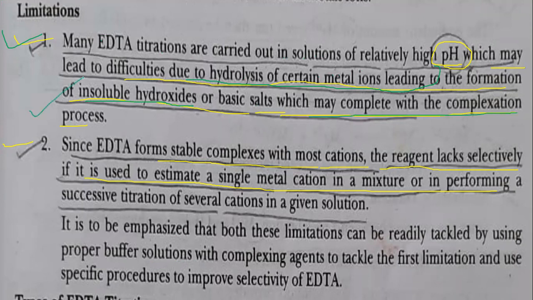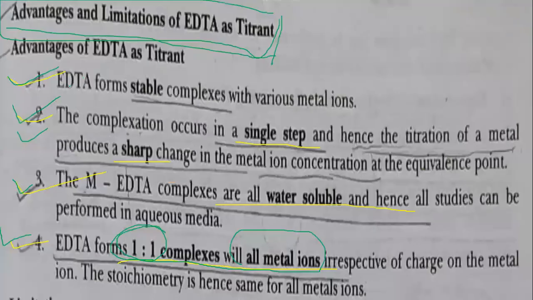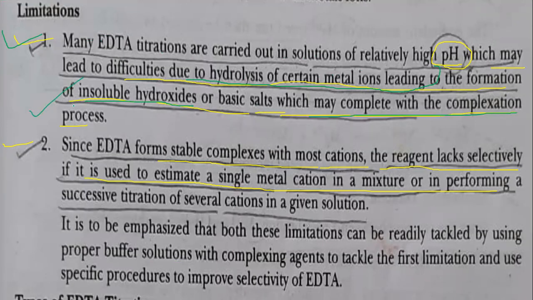So that creates the problem. If hydroxide has formed, that metal ion is not free to react with the EDTA, and then you cannot detect the metal ion. Instead of reacting with EDTA, the metal ion has formed a hydroxide. How will it react? We cannot analyze. This is the trouble we may face during the titration.